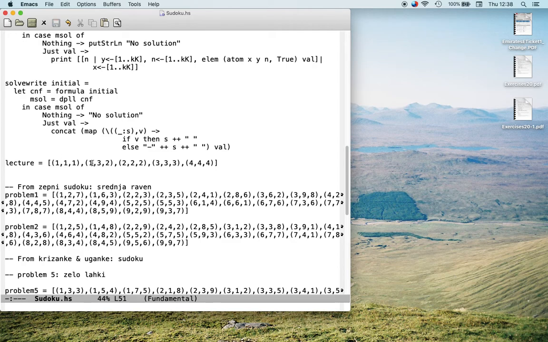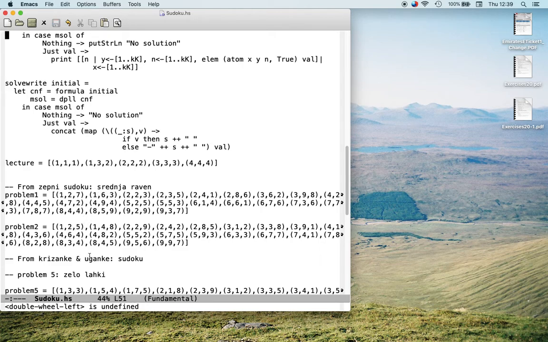So let's have a look. Here was our lecture problem. The other problems are all 9 by 9 problems, and they're taken from a particular Sudoku puzzle book, an actual one that was bought from a stationery shop. So this is Pocket Sudoku, and we've got problem 1 and problem 2.